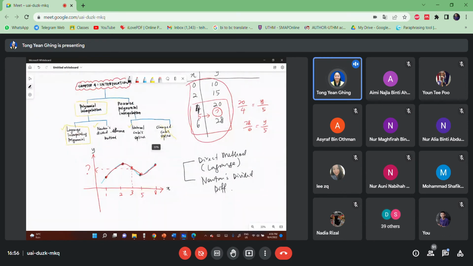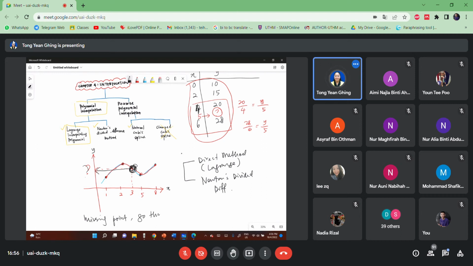Boleh faham why we learn this interpolation, because we want to find the missing point. Contoh kat sini lah, ini point ni tak tahu. So at here, what is the value, but at the same time, it has to go through all the data points through the polynomial.